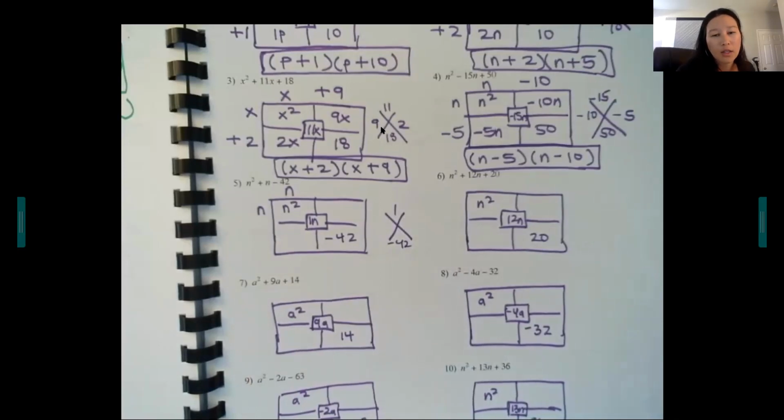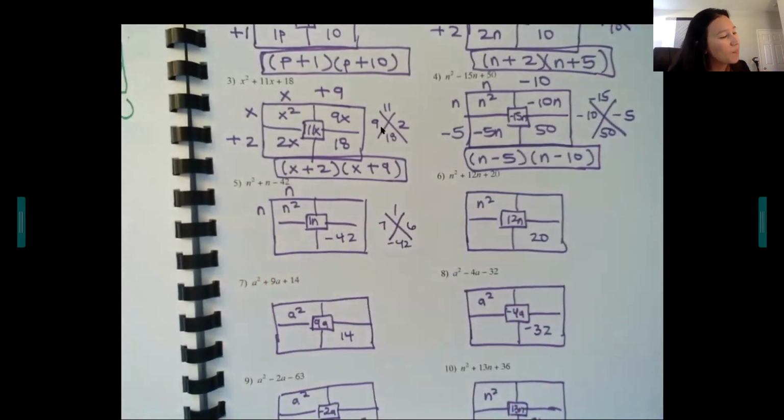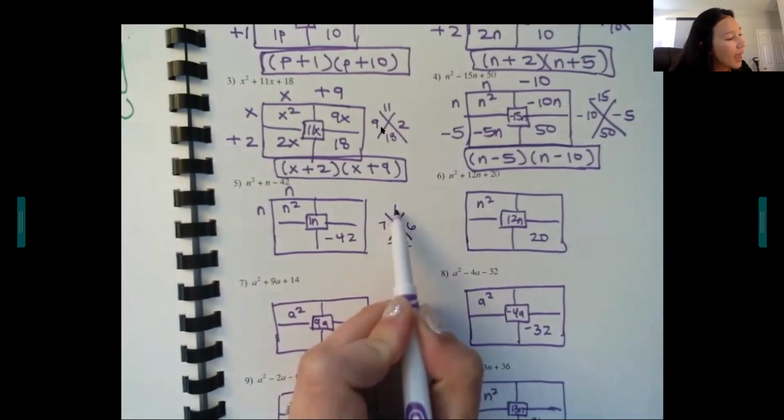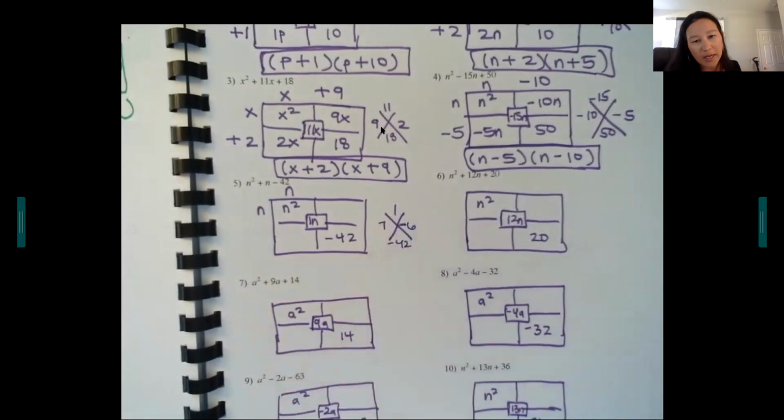So what else multiplies to 42? What about 7 and 6? Oh, yeah, 7 and 6. But it has to add to a positive 1, so one of them has to be negative so it multiplies to negative. Since it adds to a positive, the bigger number is going to be positive and the smaller number is going to be negative.